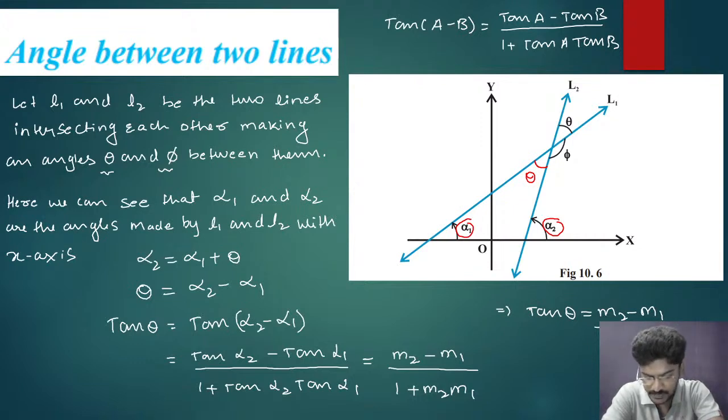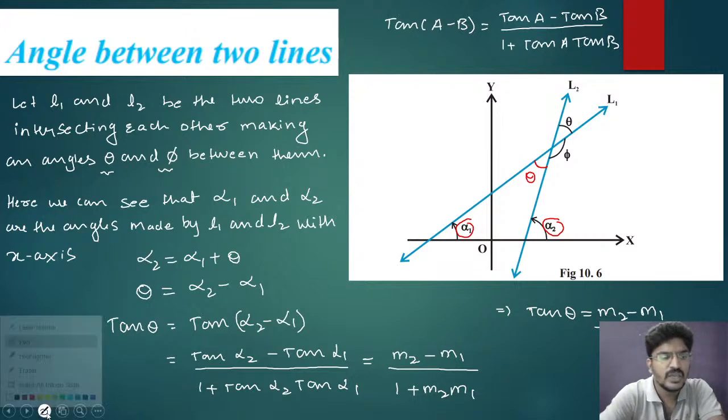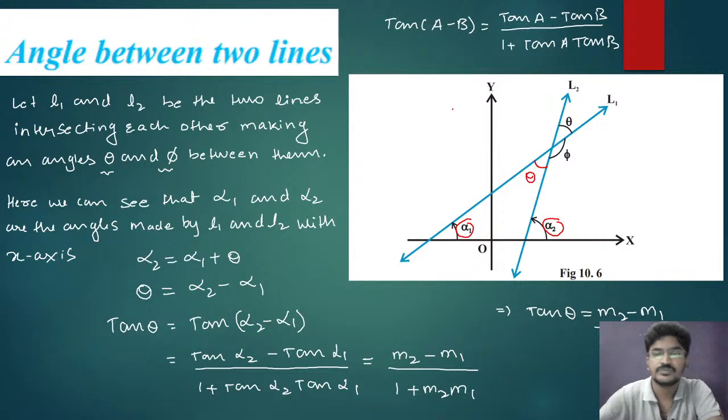Okay. So now we have solved half of the theorem. We got theta. Now we have to find phi. So how to find phi?